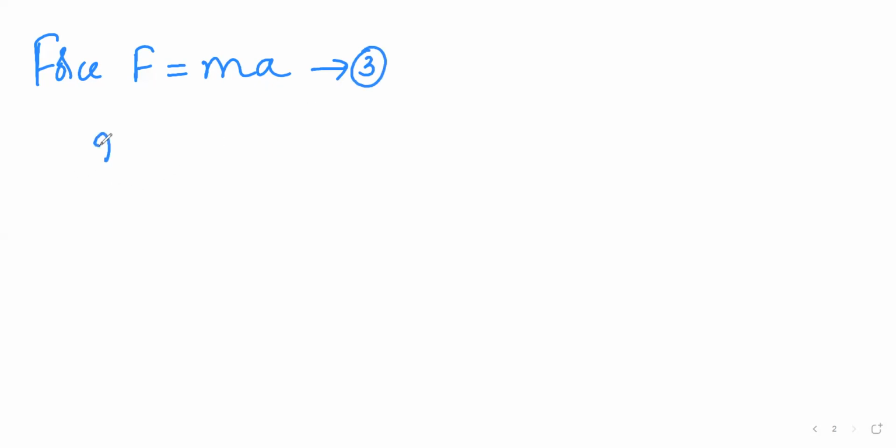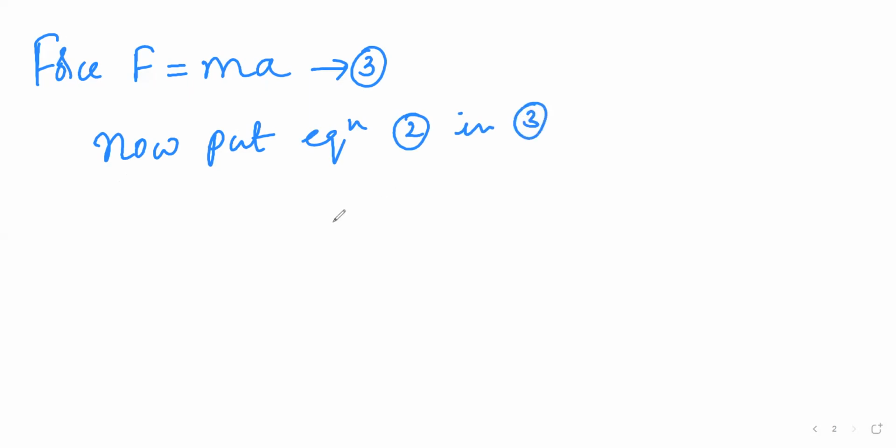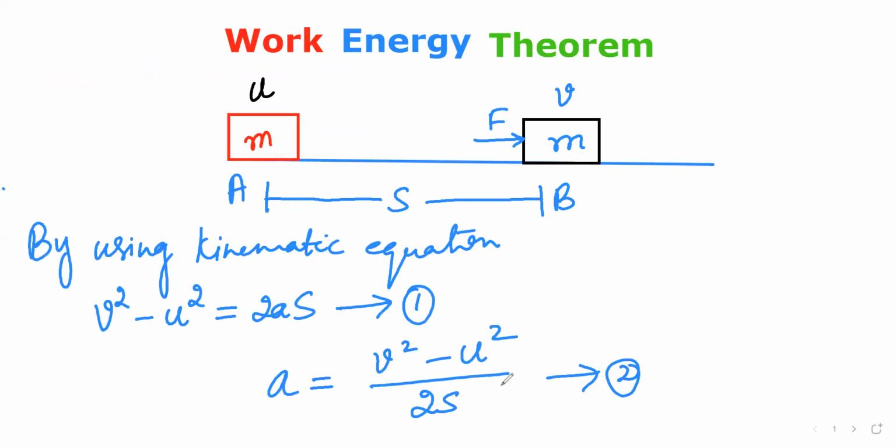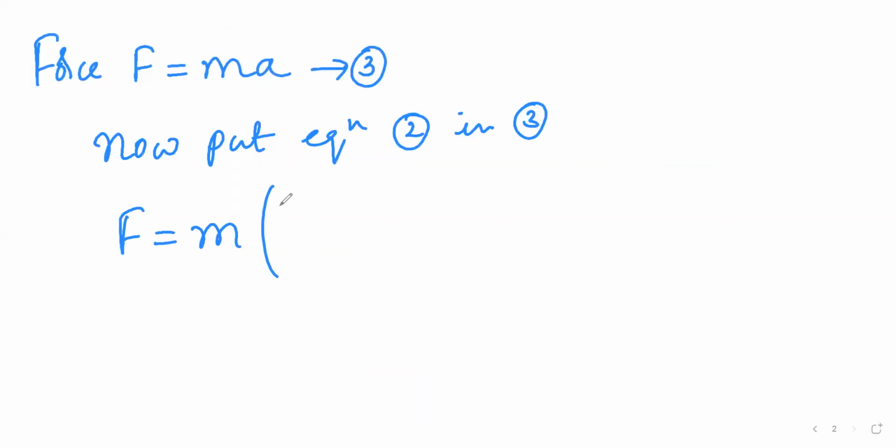Now put equation 2 in 3. So now what will happen? F equals m into a, where a is the acceleration, taken as v square minus u square divided by 2s.